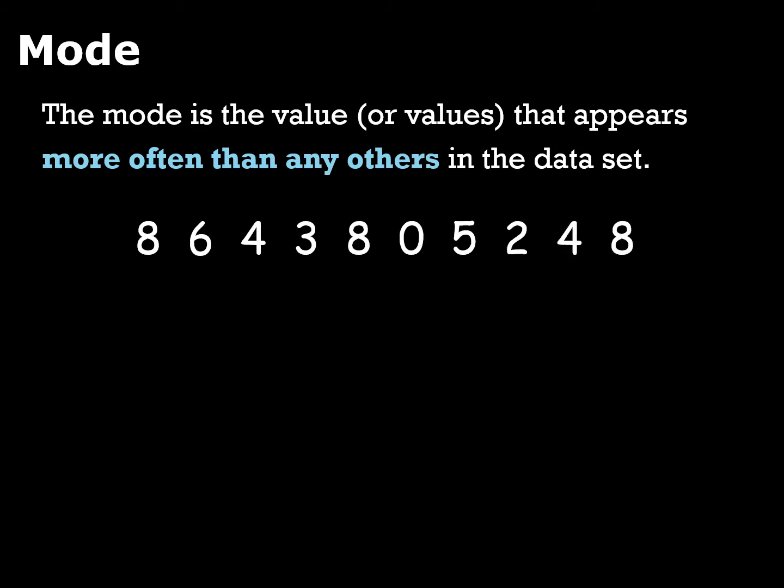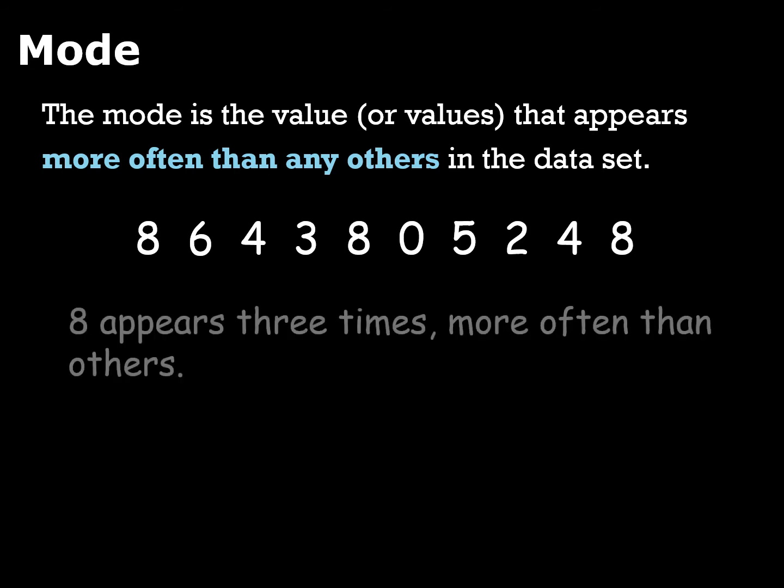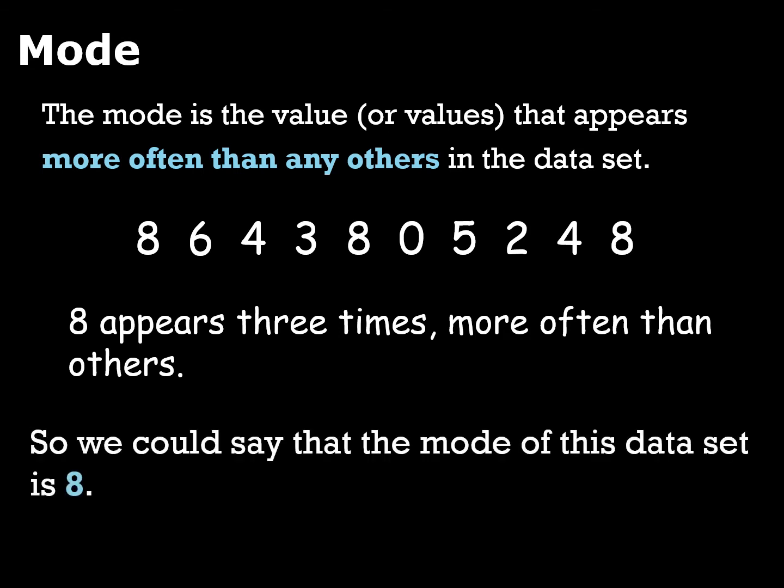If we look at this one, I see 3 8s right away. I do see 2 4s. So 4 does appear more than once, but 8 beats it out because 8 appears 3 times. So we would say that 8 appears more often than others, so 8 would be the mode of this data set.